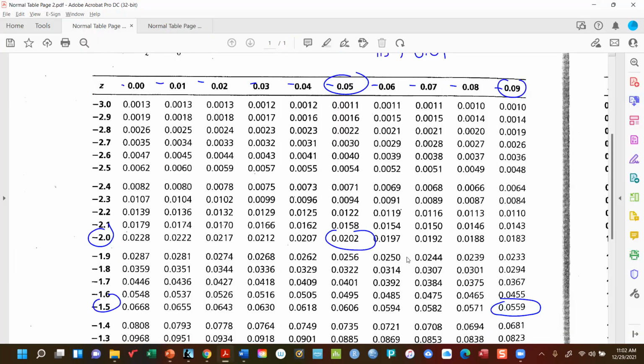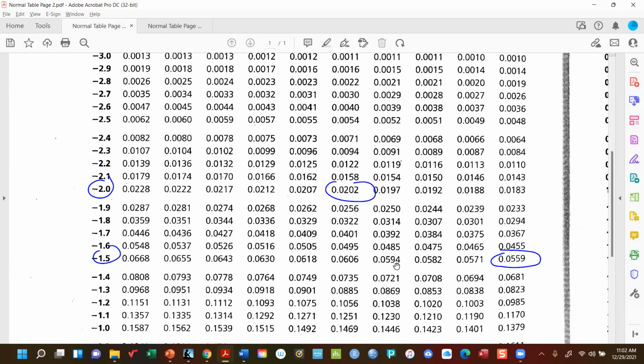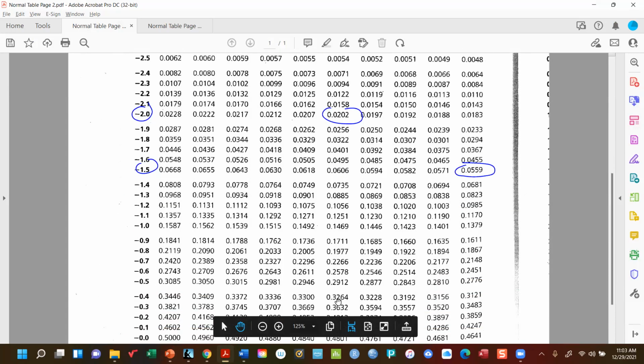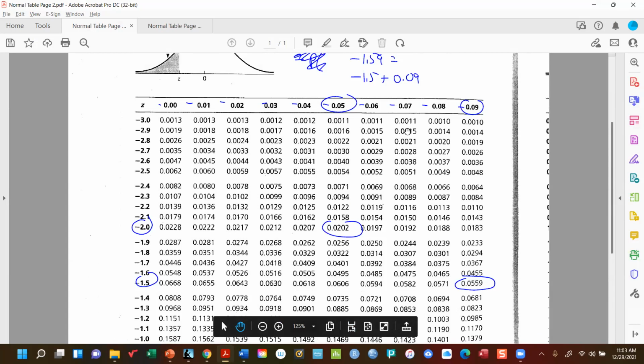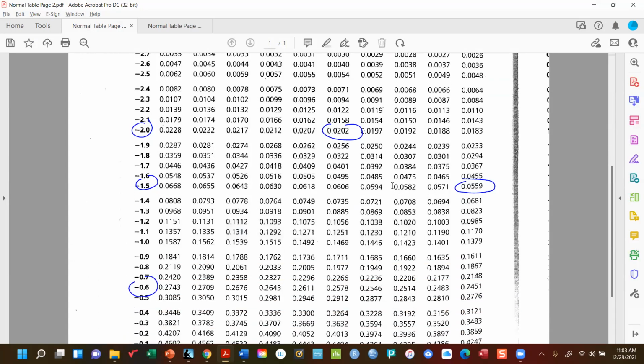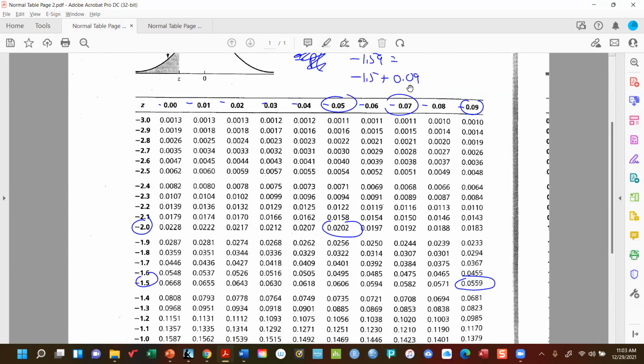How about negative 0.67? I need to find negative 0.6. Whoops. There we go. Sometimes this is the only awkward part about this table. The 0.07 is here. So now I've got to find the intersection between them. And it is actually right here. I know it's hard to see it because it's way up here.